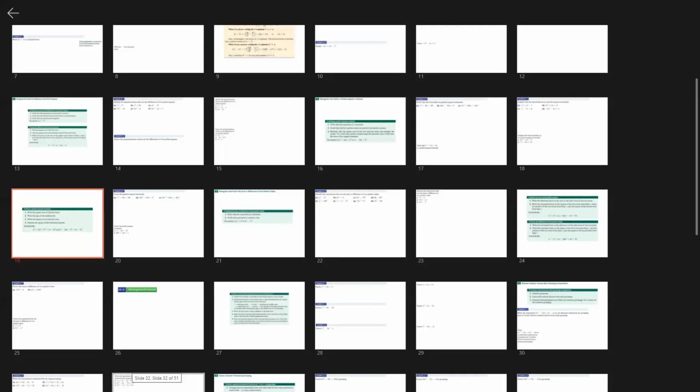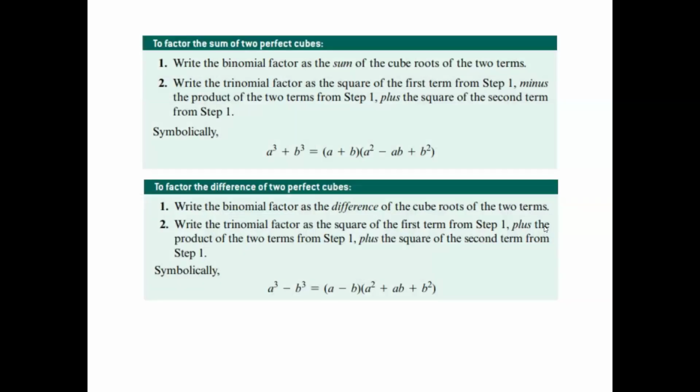Okay, next formula. Do we have a formula for cubes? Yes, right there. So for now, we have the formula for sum of cubes and difference of cubes. We don't have a formula for cube of a sum or cube of a difference.